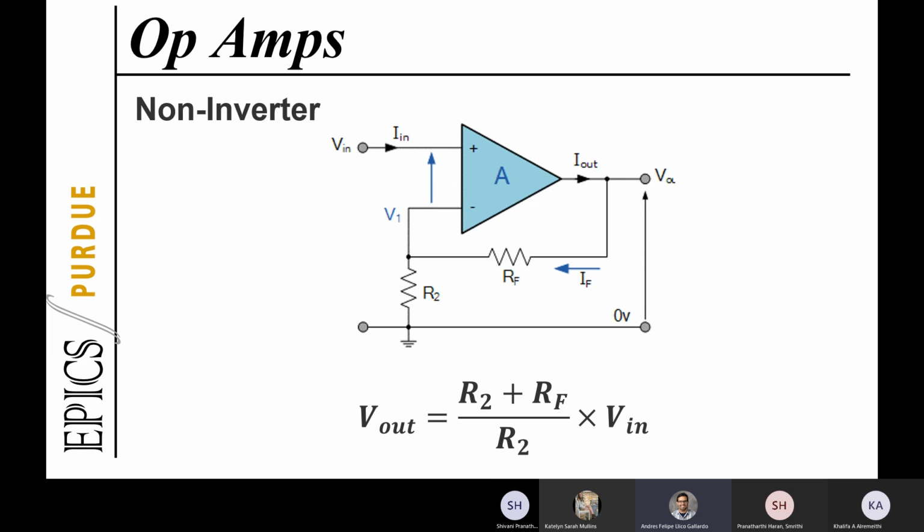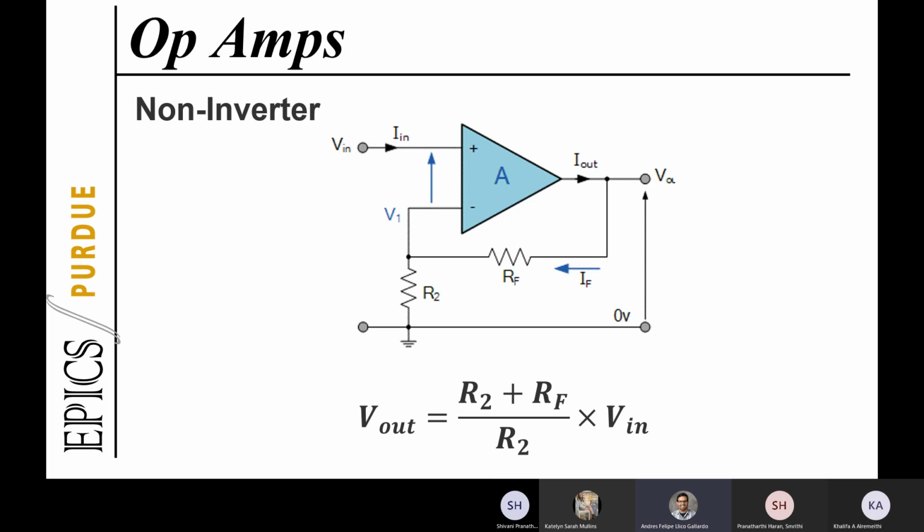So that's R2 over R2, that's 1, plus the ratio between them. Note that for this configuration, the minimum gain that you will be able to get is 1. You're always going to get something that is greater than 1.